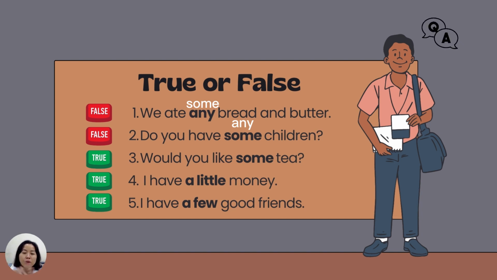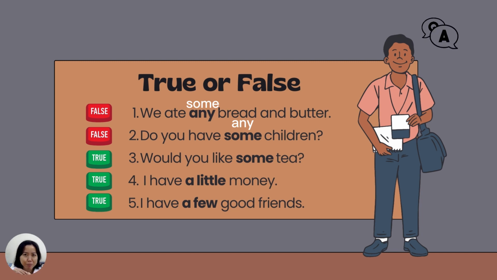Good. Number four, I have a little money, and your answer was true. That's correct. I have a few good friends. Your answer was true. That's correct too. And remember my last question? I asked you, can we replace a little money with a few money, and a few good friends with a little good friends?